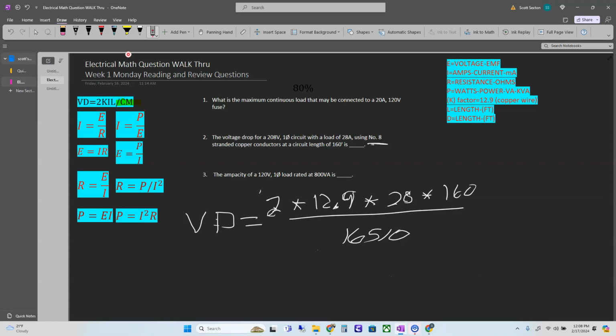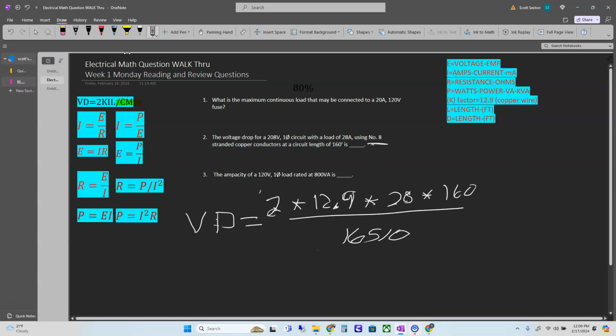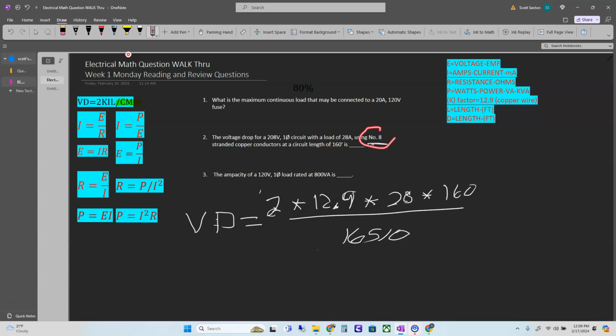Now we multiply 28, which is our current or our load. And then we have our length, which is right here. So there's the top part of the calculation. Secondly, we went back and found the number 8 off of chapter 9, table 8, conductor properties, and found out that it has 16,510.